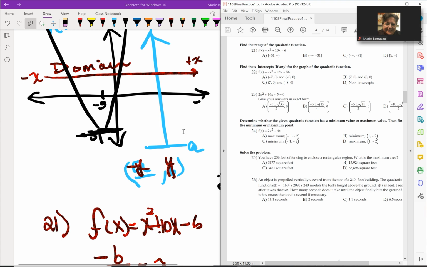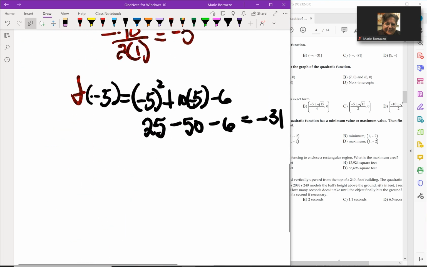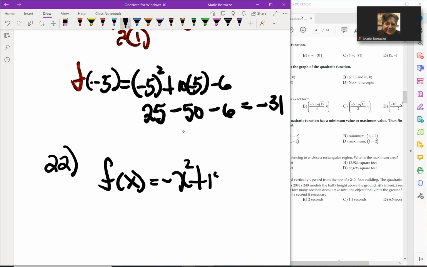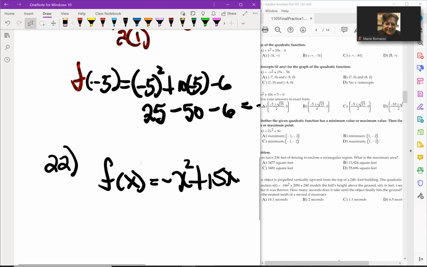Our equation is negative x squared plus 15x, and the last term, the c term, is minus 56.